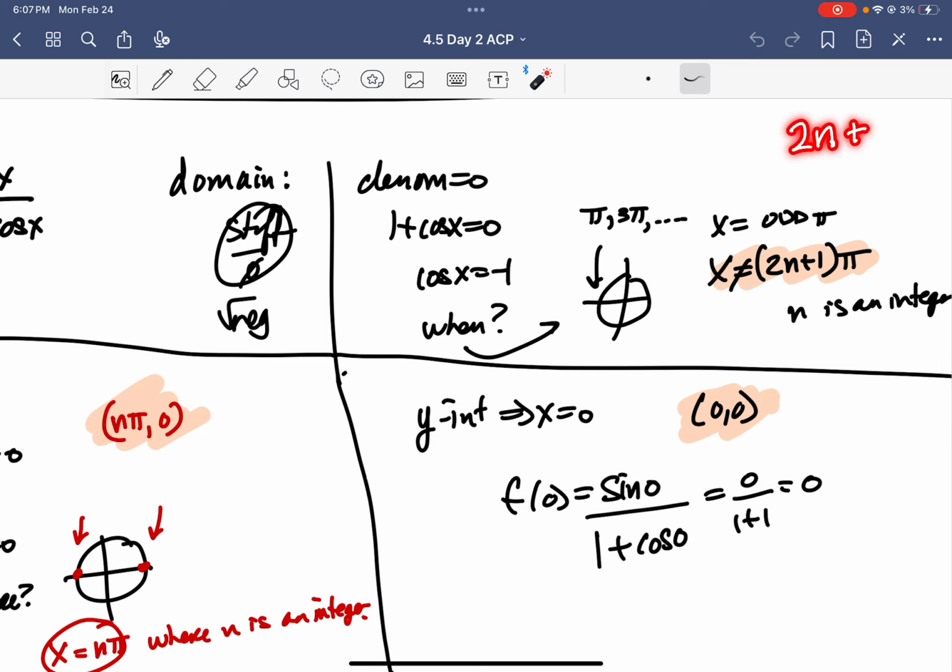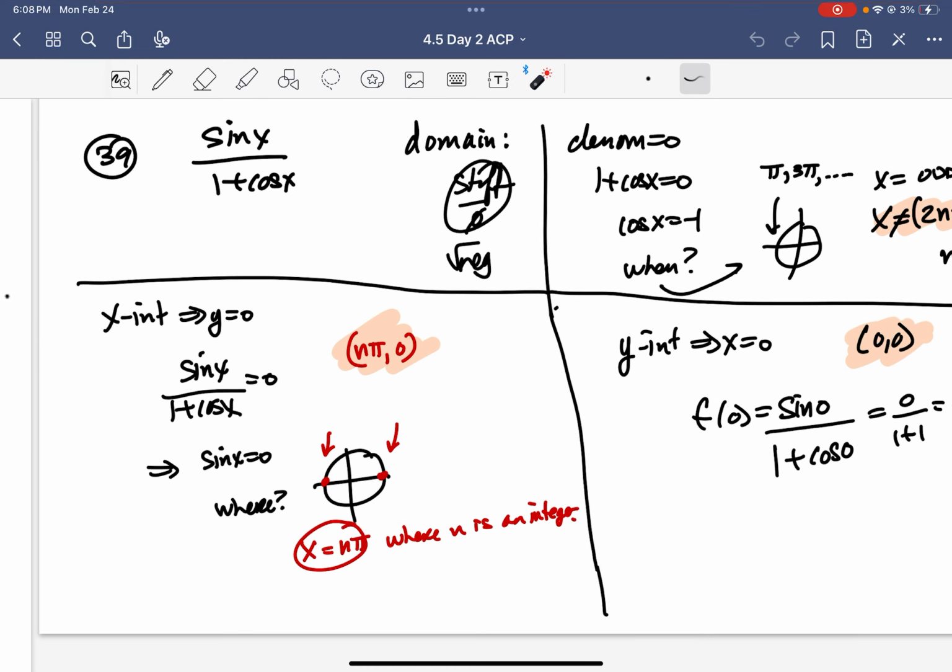And then 2n plus 1 is how we represent an odd number in mathematics, either 2n plus 1 or 2n minus 1. It just means you're 1 in front of an even number. So this would represent an odd. So an odd integer times pi is not allowed because it will make the denominator 0.